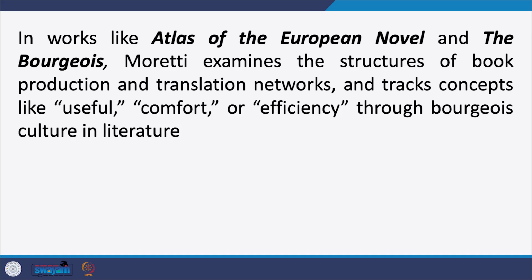Similarly, in works like the Atlas of the European Novel, Moretti uses maps to plot how different characters move in different parts of different actual geographical spaces. So, for instance, in his book Atlas of the European Novel, Moretti has maps drawn for the city of London, for different parts of England, including the countryside, and uses these maps to plot the trajectory of different characters.